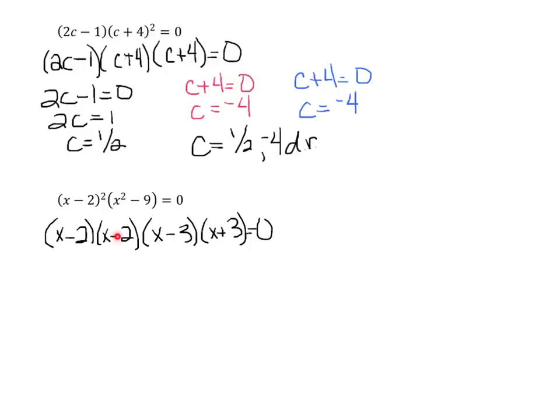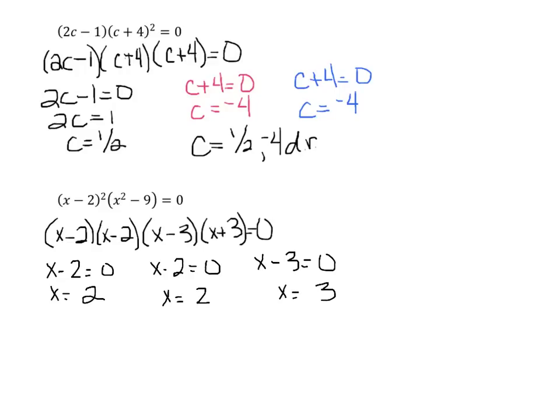So one of these four factors would then have to be equal to 0. So these are the four solutions. You've got a double root here, but notice 3 and negative 3, that's not a double root.